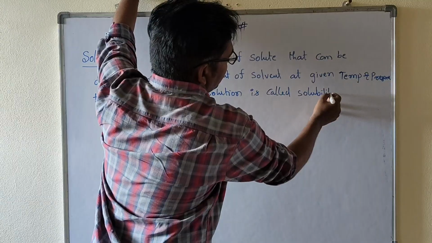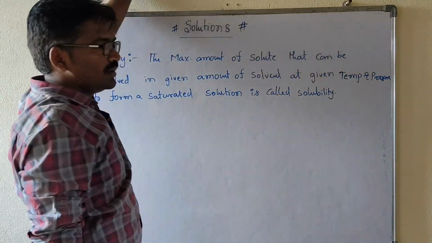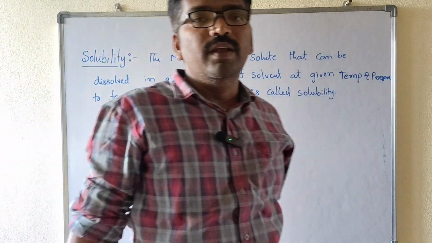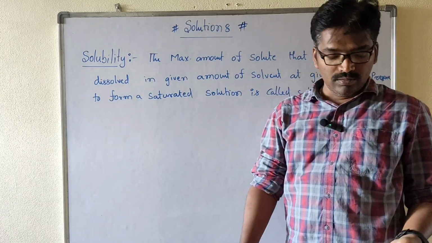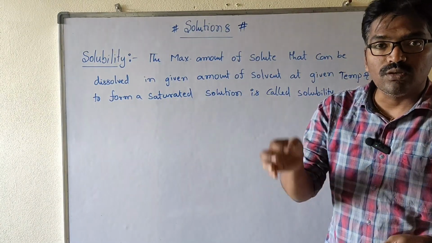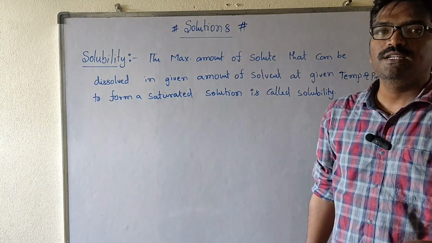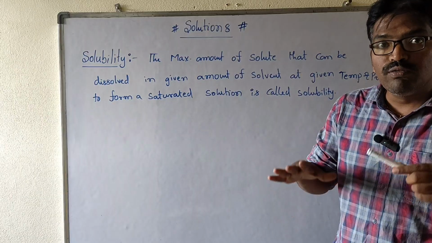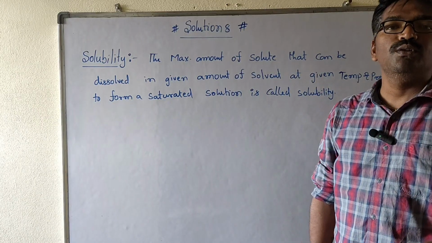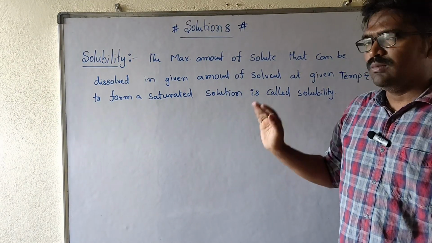So this is the definition of solubility: the maximum amount of solute that can dissolve in the given amount of solvent at a given temperature and pressure to form a saturated solution.